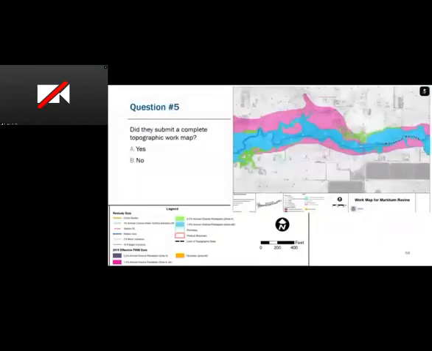So now we'll do a quick knowledge check. So looking at this example here, can you tell if they submitted a complete topographic work map?